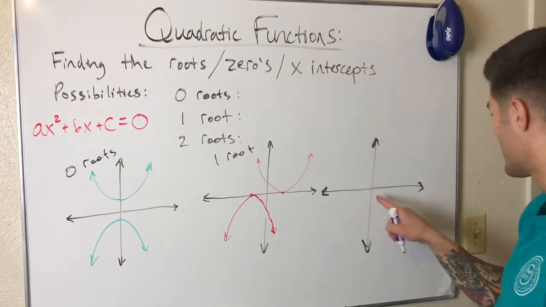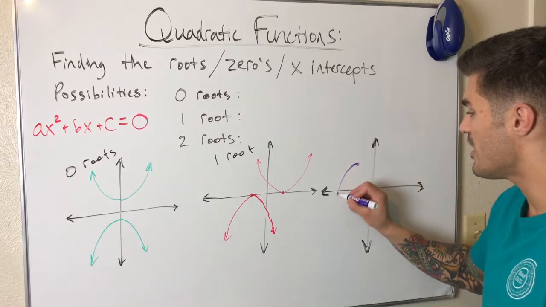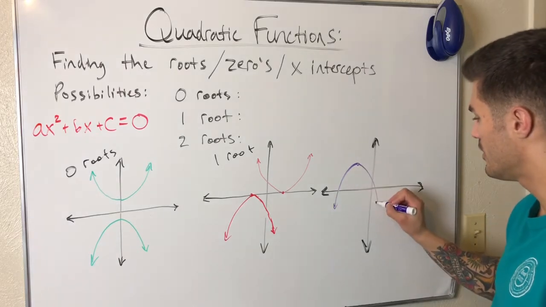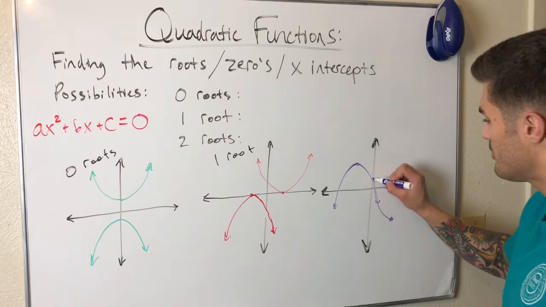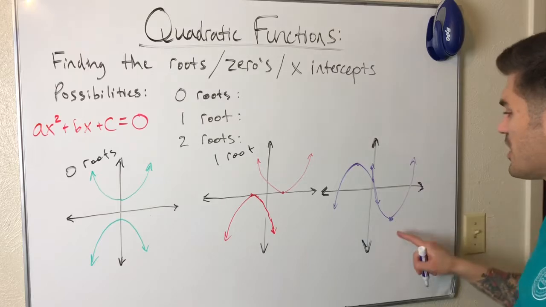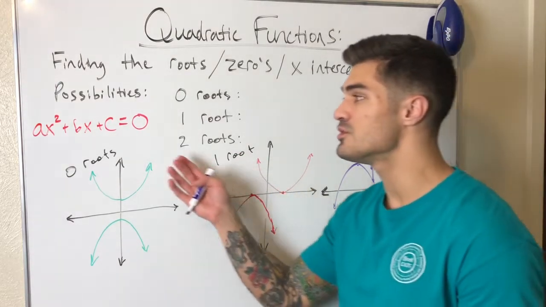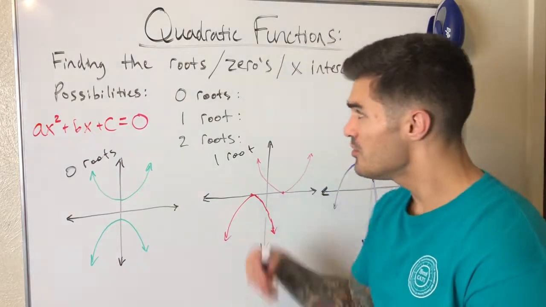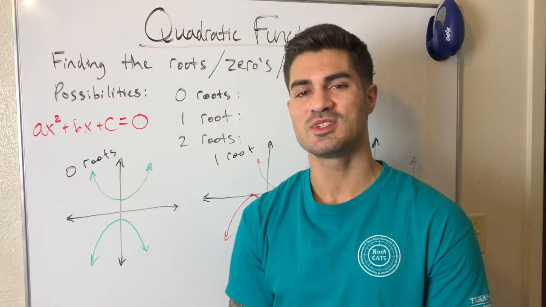We'll have to have 2 intersections with the x-axis. So that means if I have some vertex up here, it has to open downward. And if I have some vertex, let's say down here, it has to open upward. Alright, and this is by far the most common possibility. Usually that's what you'll see, 2 roots. But 1 root and 0 roots are possibilities as well. So let's go ahead and do some examples.